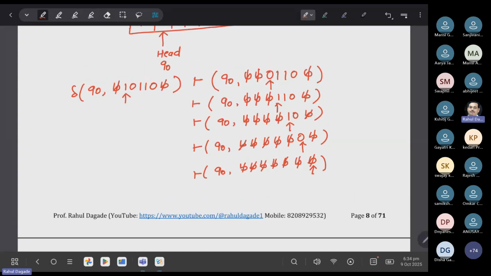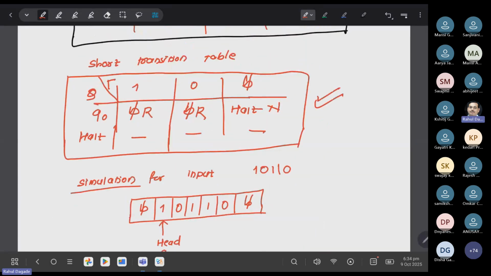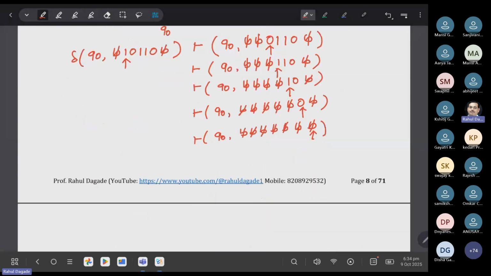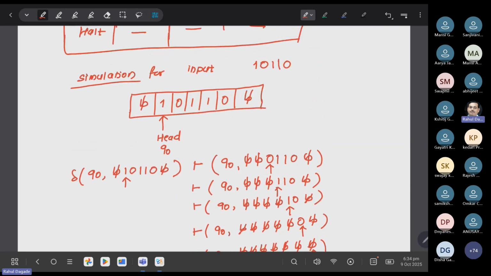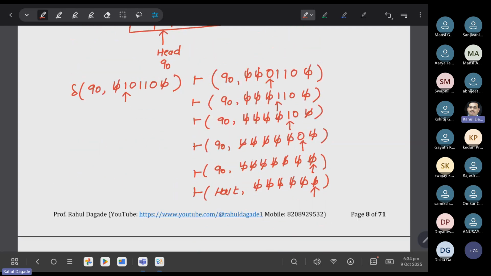As per this transition table, when Q0 is the state and blank is the input, it goes to the halt state. The remaining input is all blank, and the pointer remains there itself. So this is a simulation of the Turing machine for this input.